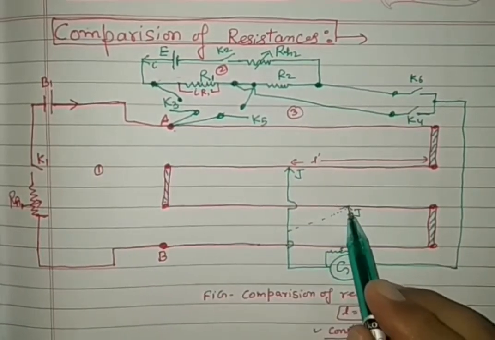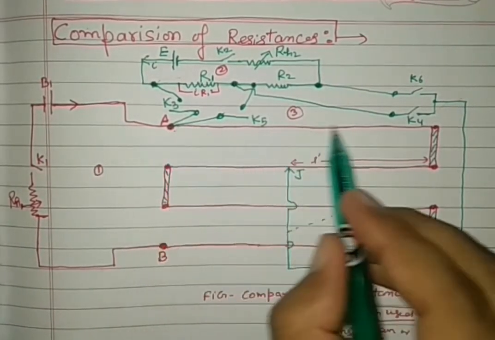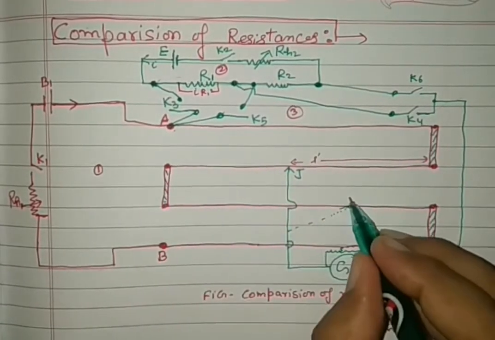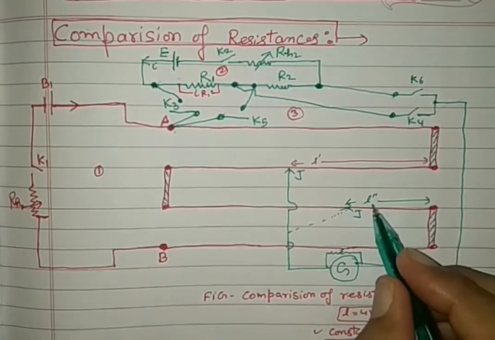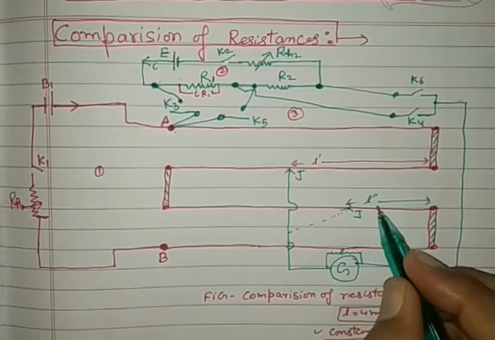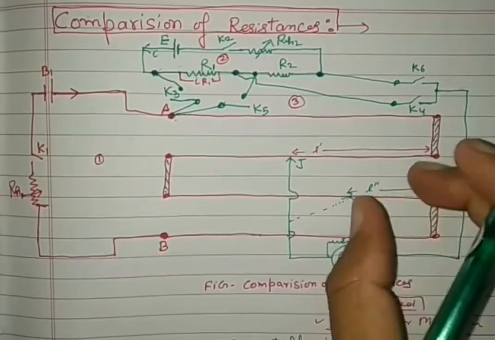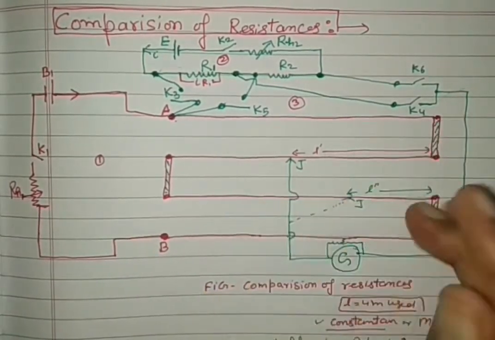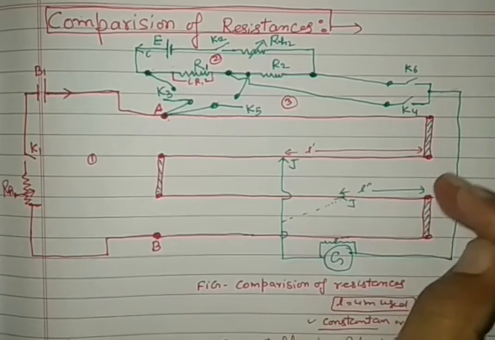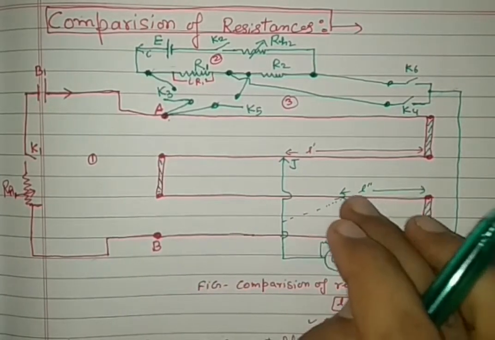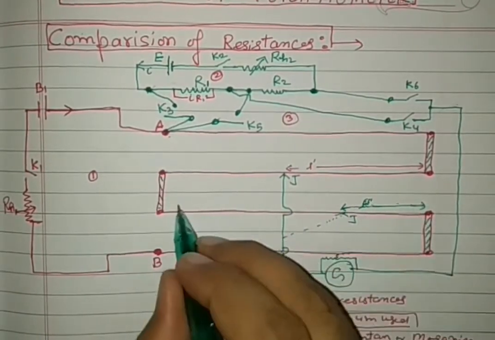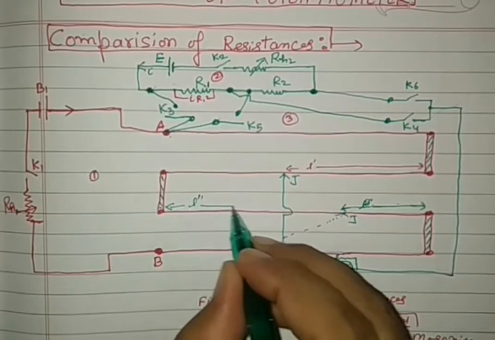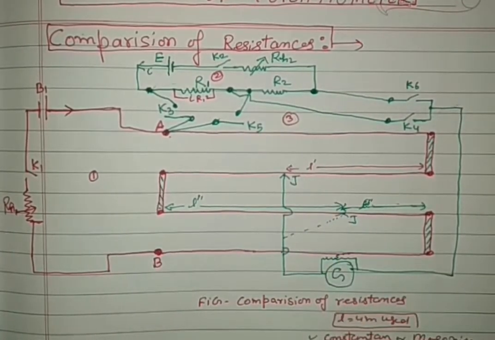So if the null point is obtained here, it passes 1 meter, 2 meter, then this part. 2 meter means 200 centimeter. Suppose it is 20, so 220 centimeter is the length. And which two potentials are opposed here? Now in this part, we take this length L double dash, sorry, this length here.